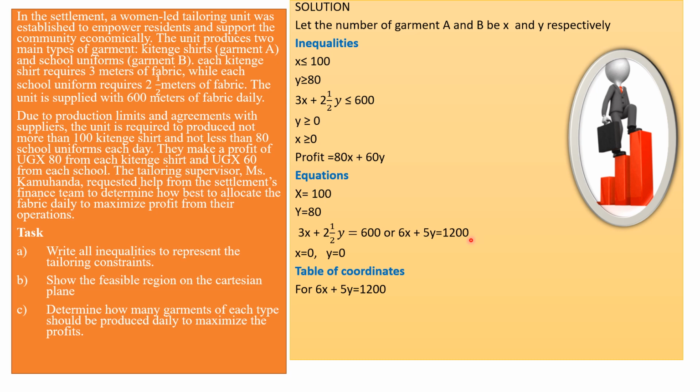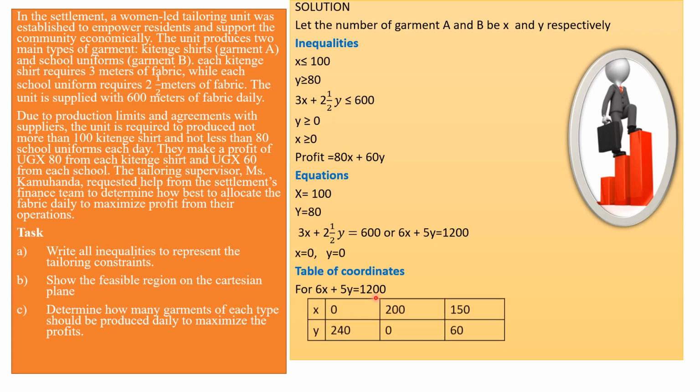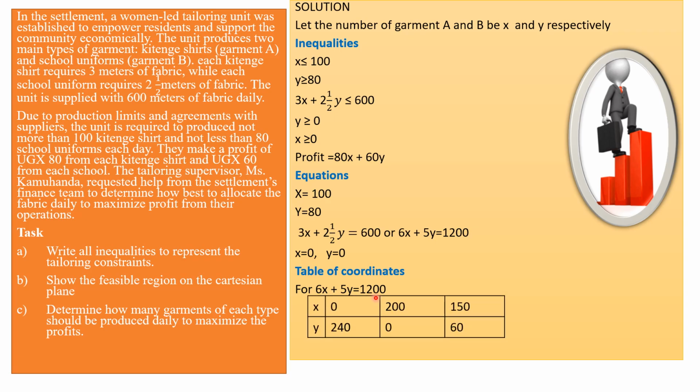I always encourage students to use the intercepts. The intercepts save time. So assume for this equation, 6x plus 5y is equal to 1200. This is my table.